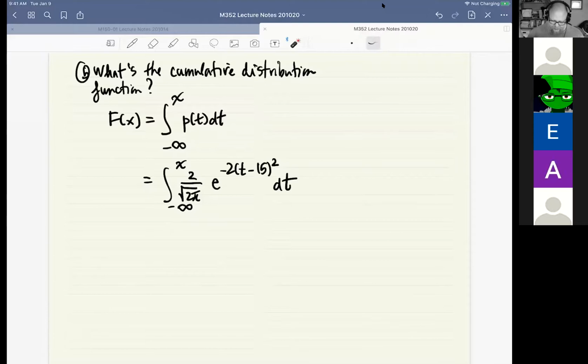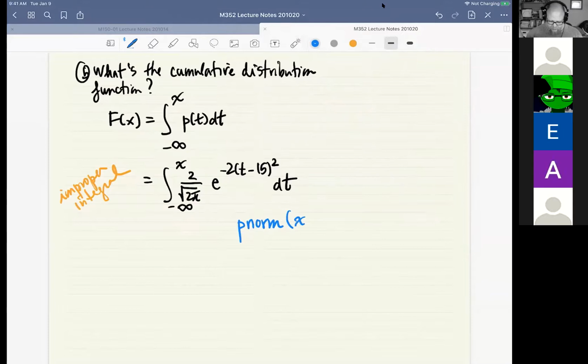Unfortunately, because the domain of my PDF is all real numbers, there's no way I can simplify out that minus infinity. So this is always going to be an improper integral. If you want to use R to calculate this, you use pnorm.